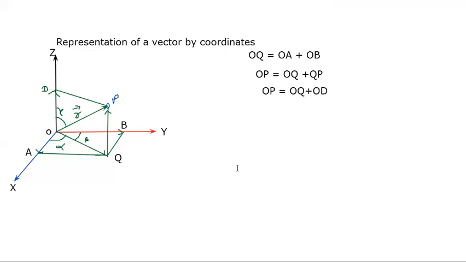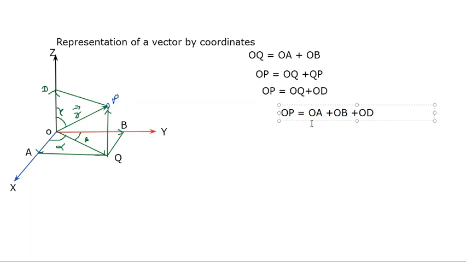Yes, sir. Best. So we have found out OP is equal to OQ plus OD, or OQ plus QP. And what is OQ? OA plus OB, right? So we can write OP is equal to, instead of OQ, we can write OA plus OB plus OD.